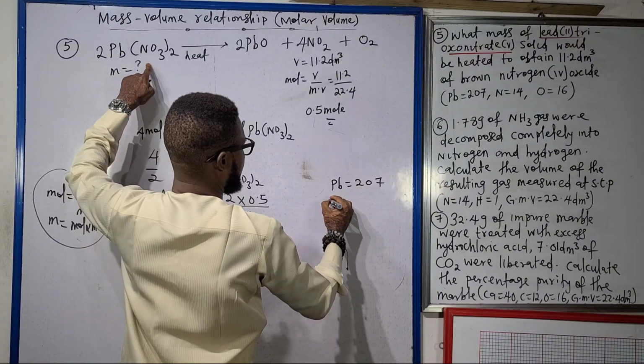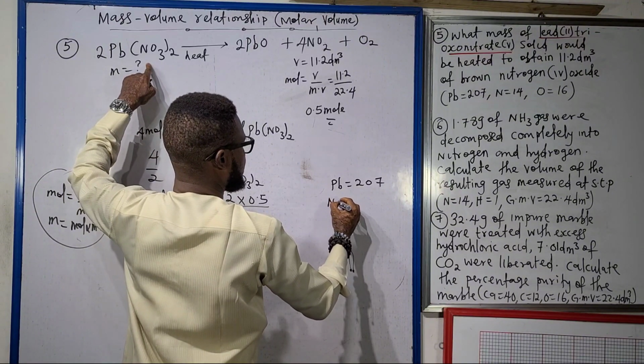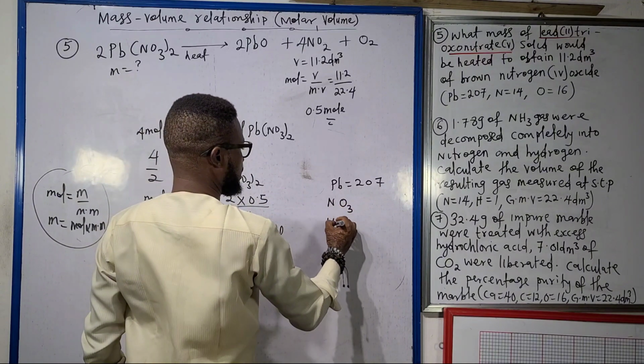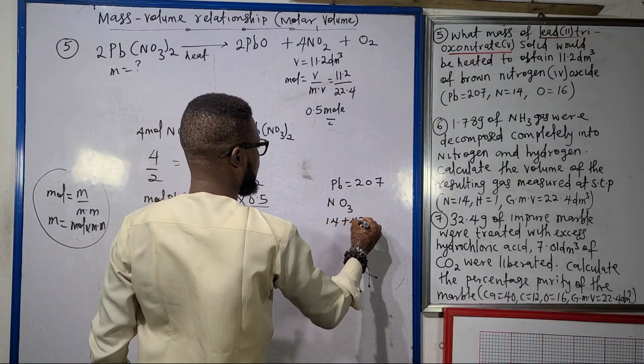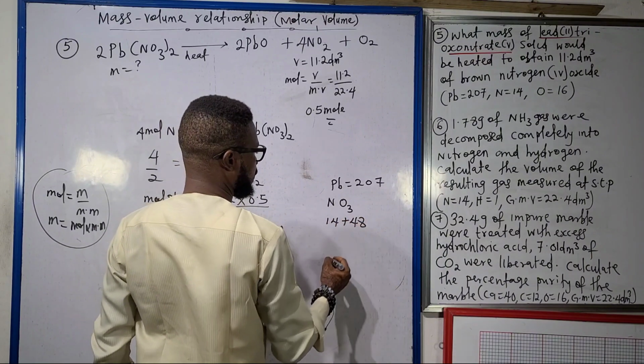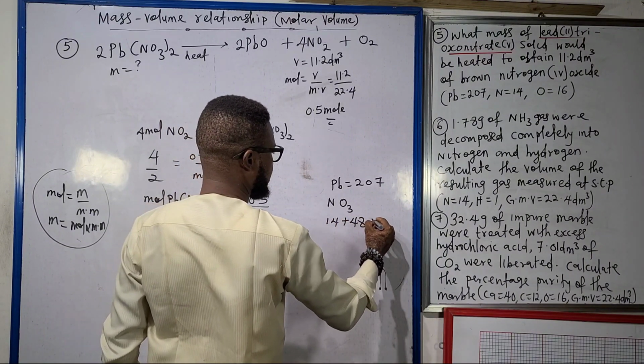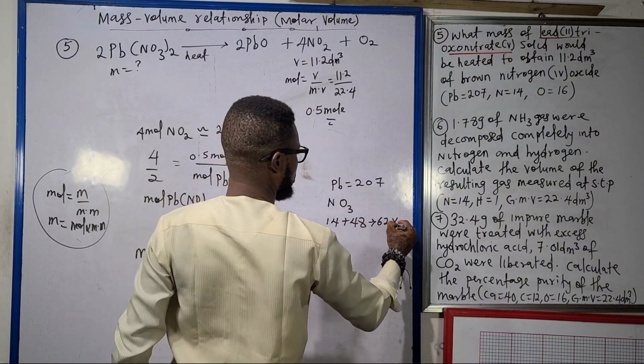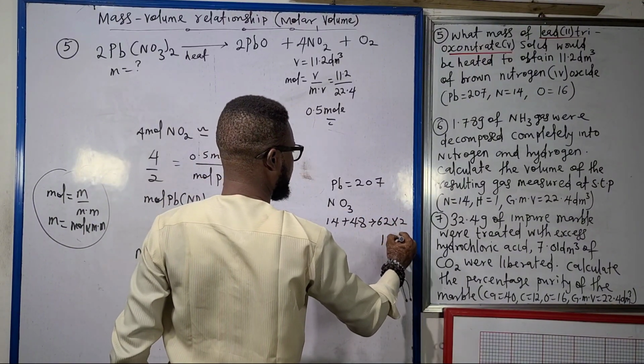N here, NO3, this is 14. 16 times 3, this is 48. 14 plus 48, that is 62. 62 times 2, that is 124.